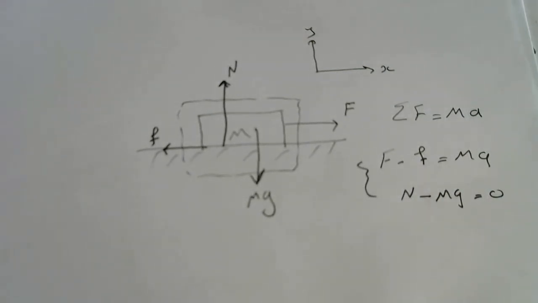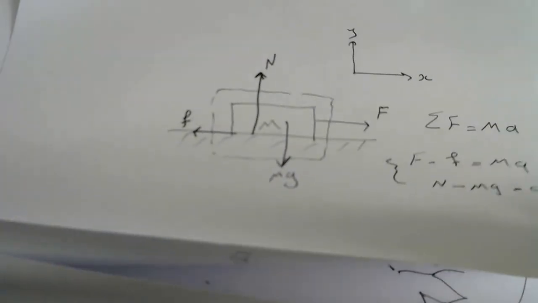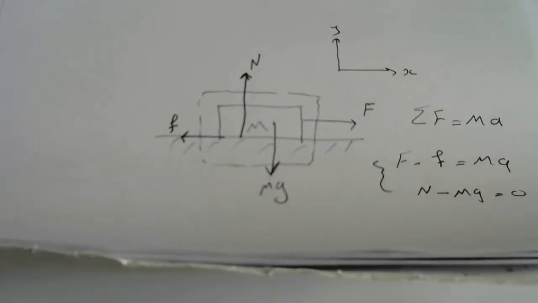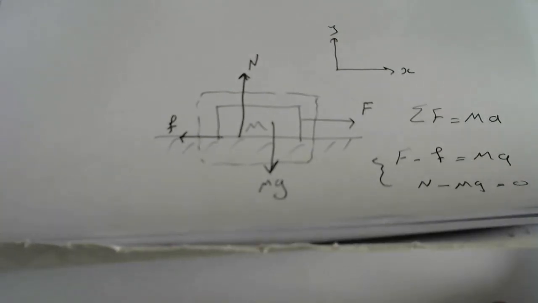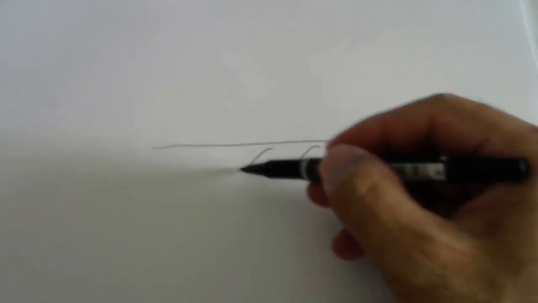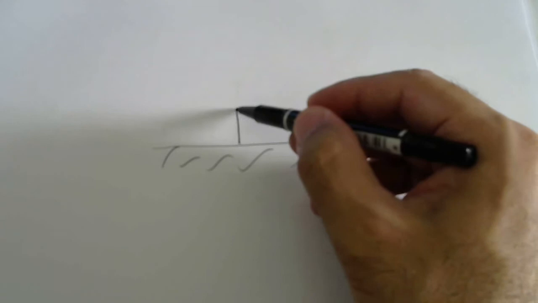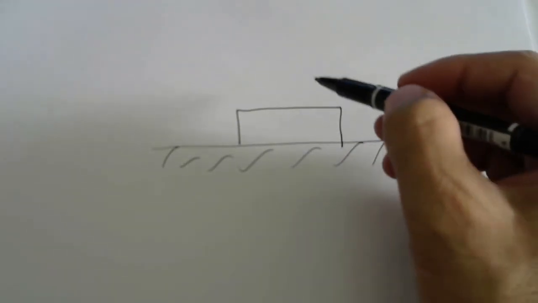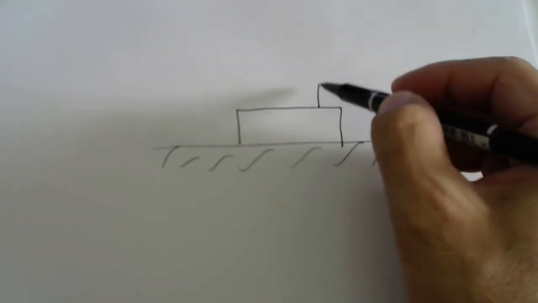That defines your system. Now imagine you have a bit more complicated situation. I put this object, and then you have another object on top of it.